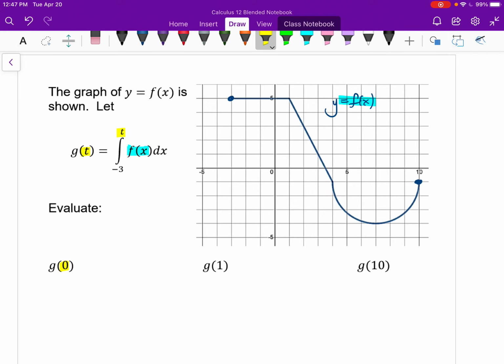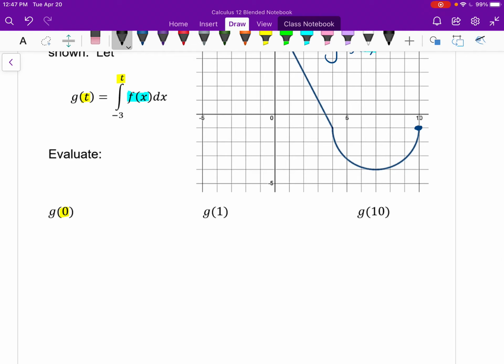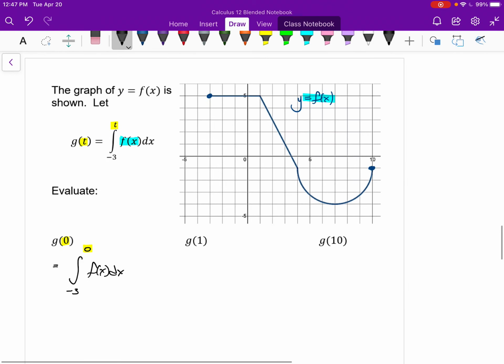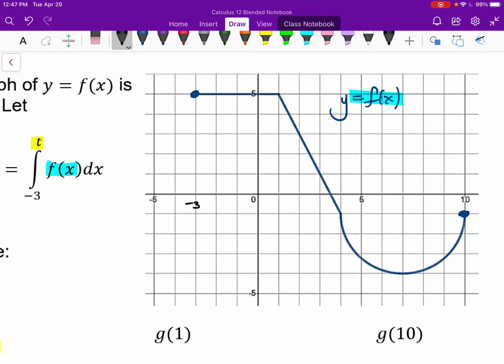All right, so what does this mean? Well, maybe it helps if I write it out like this. It might help if I write it as the integral from -3 to 0, because t is now 0, of f of x dx, which means the area of this function from -3 to 0, which is this, -3 is right here. 0 is clearly labeled, so it's this region right here.